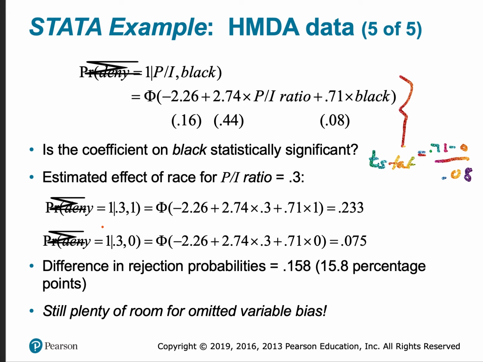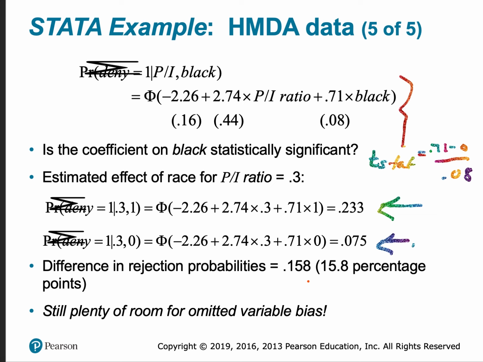Let's look at the probability deny equals 1 for black and white applicants. We just solved the probability that an applicant is denied given payment to income ratio equal to 0.3 and that they are white, it's 0.075. The probability that an applicant is denied given payment to income ratio of 0.3 and black is 0.233.